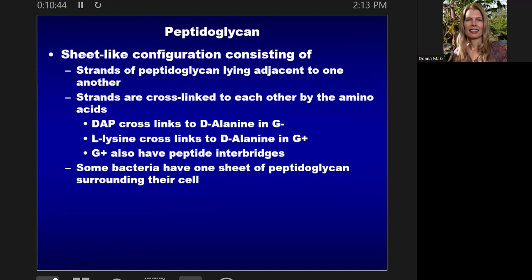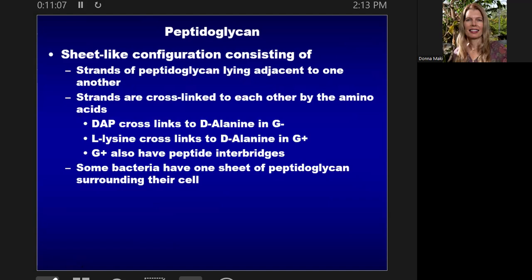And then sometimes, so we have those 4 peptides dangling off the NAM. And then they bind to the 4 peptides next door, so to speak. And then they found, especially gram-positive bacteria, they can have a few extra peptides thrown into the mix, right where it's binding. I'll show you a picture of that.